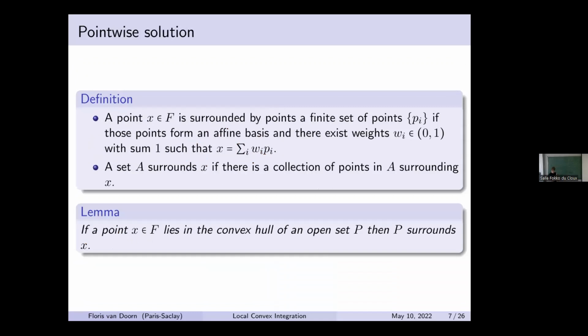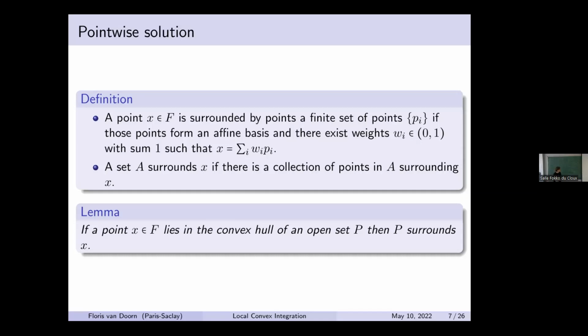What do I mean by surround? I mean the following. We have a point x. A point is surrounded by a finite set of points means that, first of all, these points form an affine basis. So we want them to be linearly independent and span the whole space. And we have to find positive weights such that x is this affine combination of these different points.